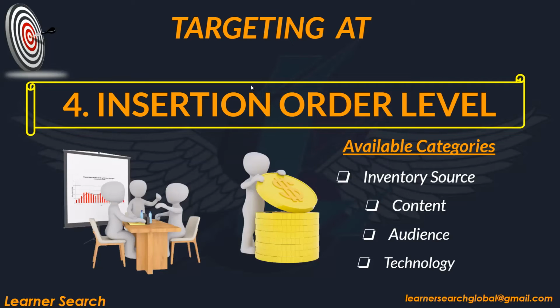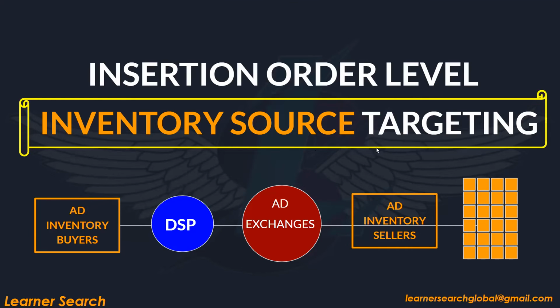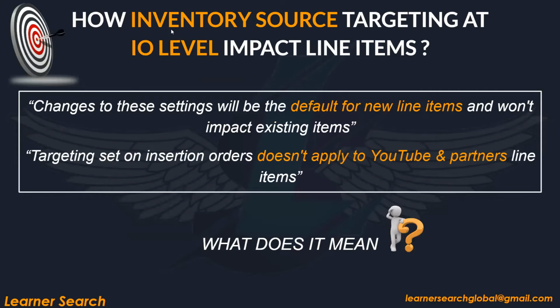Now let's look at how insertion order level targeting works. At this level, all kinds of targeting categories are available, like inventory source, content, audience and technology. Let's look at the inventory source targeting, and how inventory source targeting at IO level impacts line items.